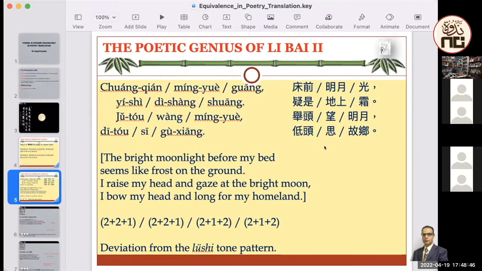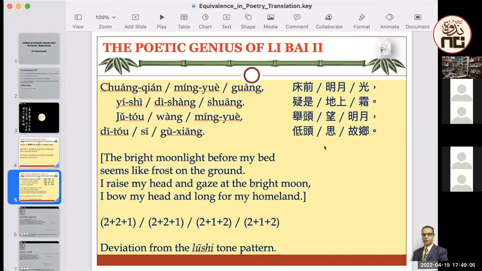Like in English, for example, iambic. Iambic is 2 syllables. Tatam, tatam, tatam. And it's known that iambic is the rhythm of natural speech in English, and it was so also in ancient Greek poetry.